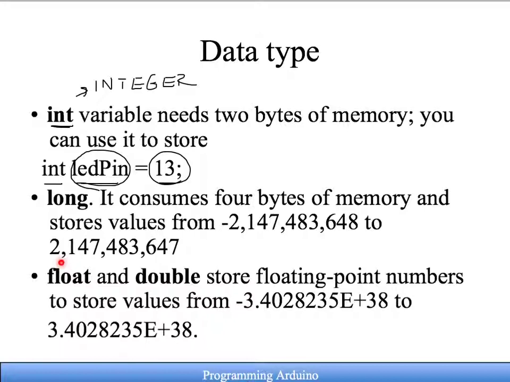When you use integer, it doesn't have decimal numbers, so it cannot be 13.5. So that's why you need to use long instead, or float. For example, if you want to use the number 13.5, that value is stored differently.